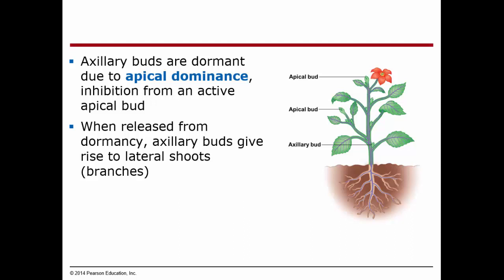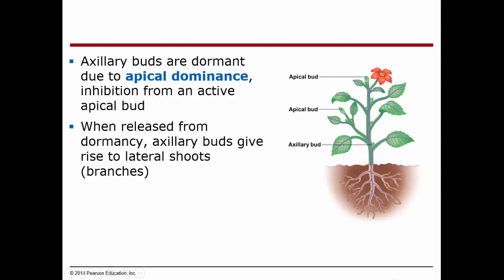But if something happens to that apical bud, let's say that a hungry herbivore comes by and eats these tender, juicy, newly developing leaves, that apical bud no longer suppresses the lateral buds, and then we would probably get several new branches, maybe here, here, and here, growing out from the side of the plant.